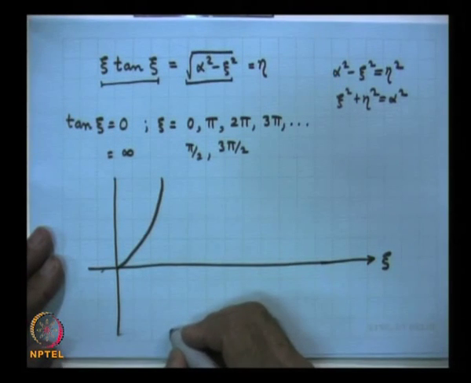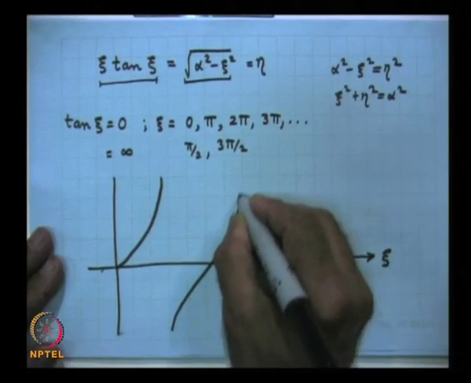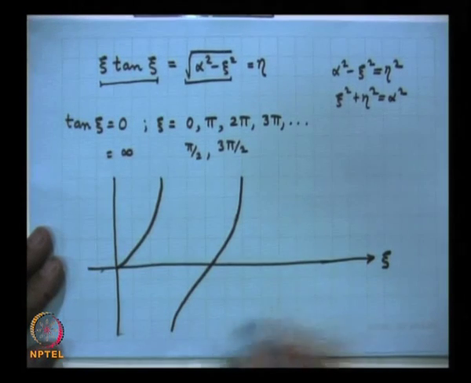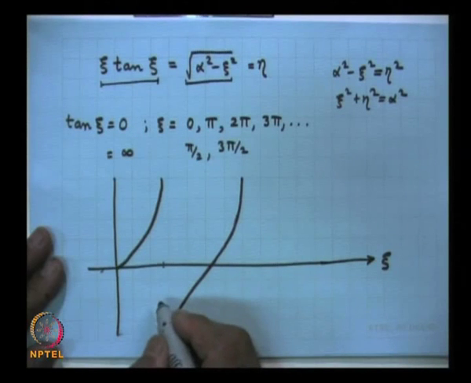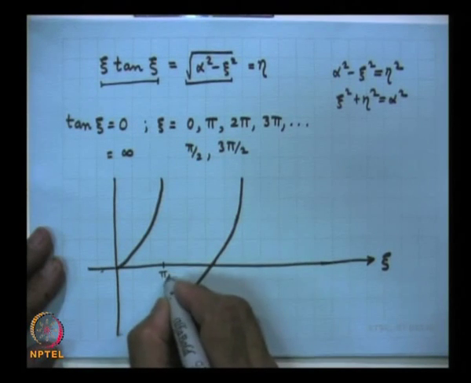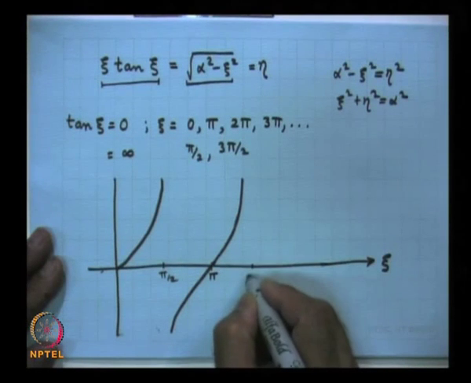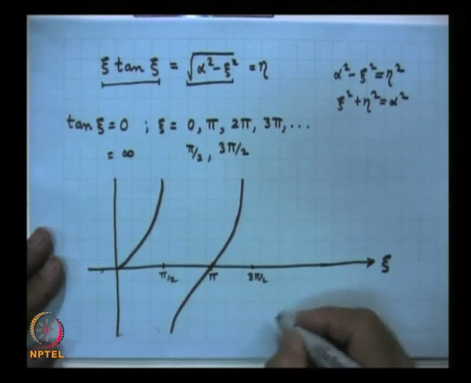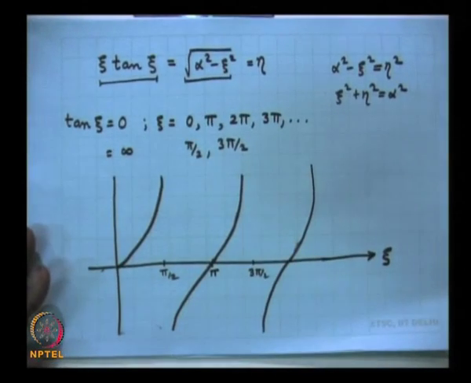And then there is a discontinuity like this, and then it will become infinity like this, because tan xi has an infinite discontinuity at pi by 2, and it will become 0 at pi, then it will become infinite at 3 pi by 2 and so on.